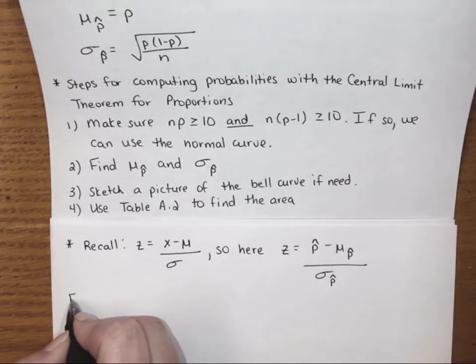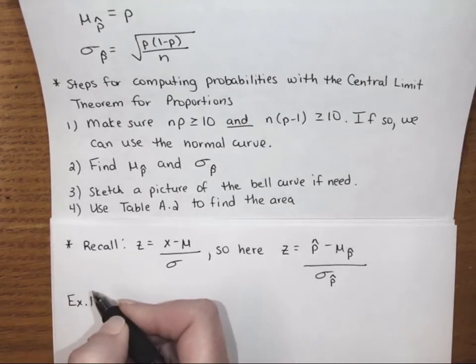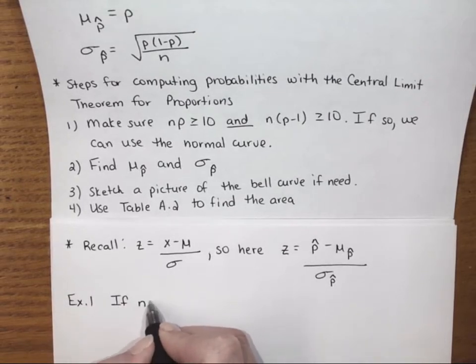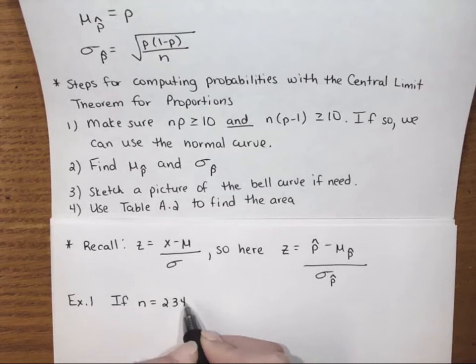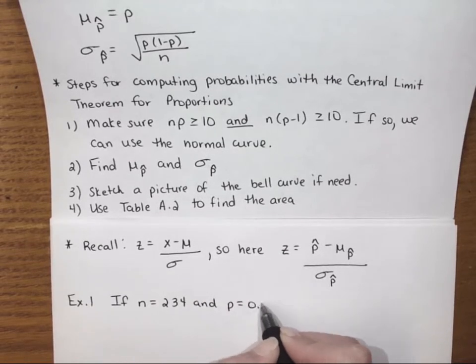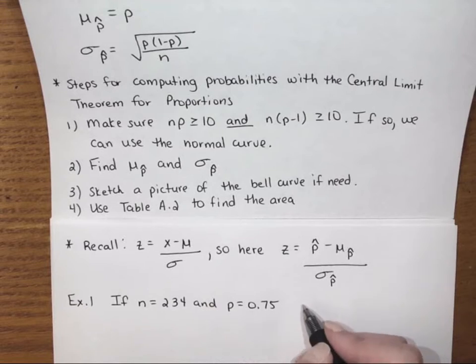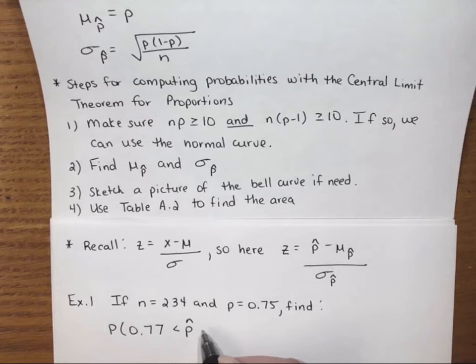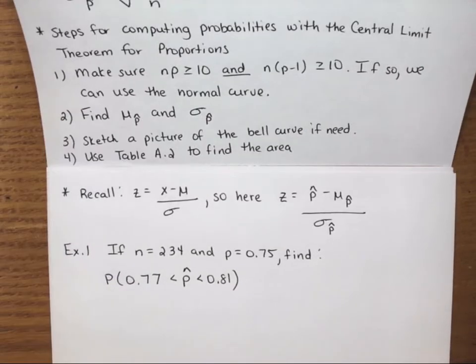All right, so let's look at an example. So first, let's say that n equals 234 and p equals 0.75. And this is what I want you to find. I want you to find the probability that p hat is sandwiched in between these two areas, or probabilities.